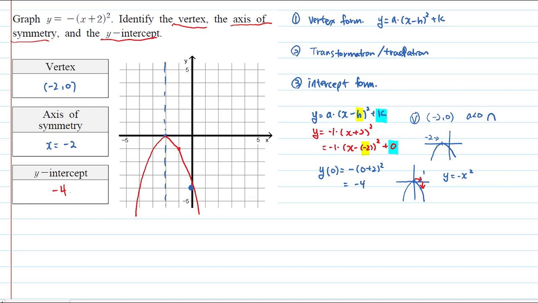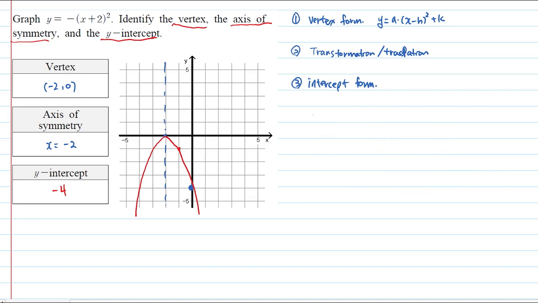Now, with the second method, we will start with y is equal to negative x squared. Now, knowing the parent function, the graph will look like this. All right. Instead of x, you have x plus 2. What that means is what?